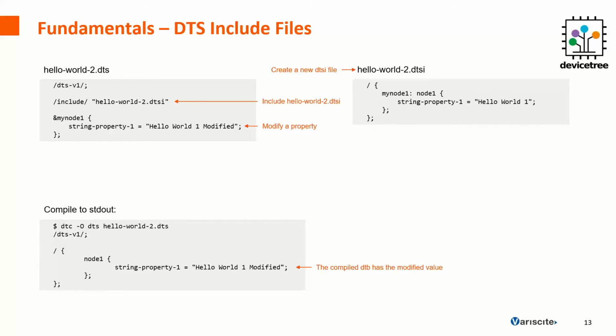So instead of adding a property this time, we can also modify a property. And again, at the bottom, when we compile helloworld2.dts, we see that string property1 is modified with our new value. This is one of the common strategies for extending and modifying device tree files. So for example, you can use this method to include Variscite's device tree files and modify them for your custom carrier board.